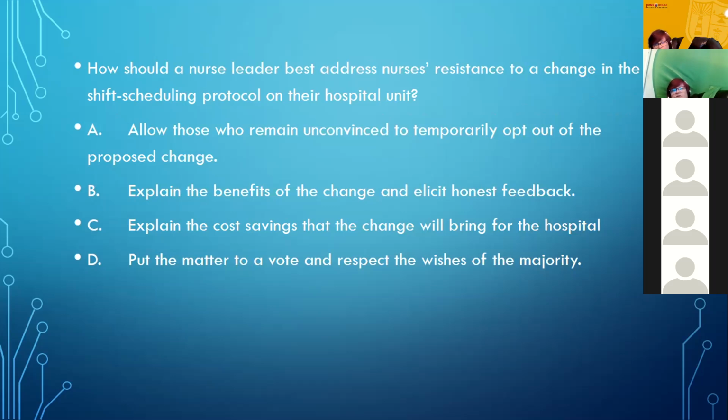And 4, put the matter to a vote and respect the wishes of the majority. So if we're having resistance, then you want to think about ways to get people to change. And what is the most important thing? Explaining the benefits and asking for feedback.